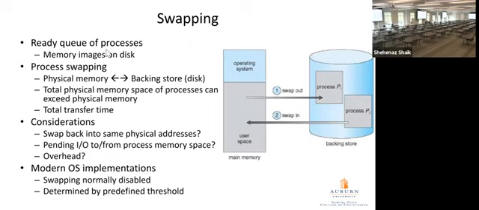If you remember, when we were talking about process management, we discussed that each process will be in multiple states, right? At any point in time, it is in a specific state.